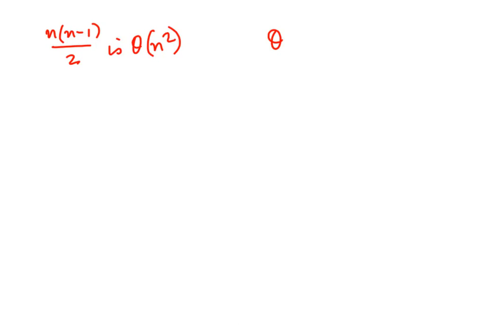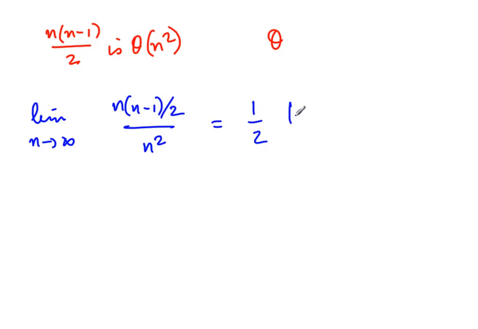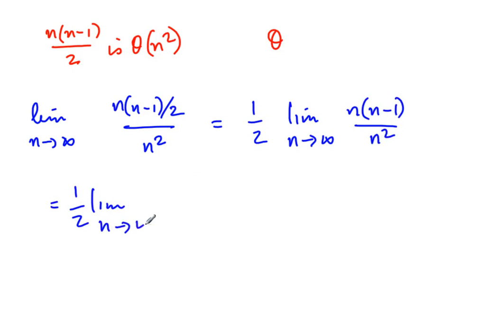Now if we do this limit calculation of n into n minus 1 by 2 divided by n squared, then we can pull out this half factor. So we get half. This is just simple algebraic simplification, n into n minus 1 by n squared. Now we can break this up. So we get half times limit n tends to infinity of n squared by n squared minus n by n squared.